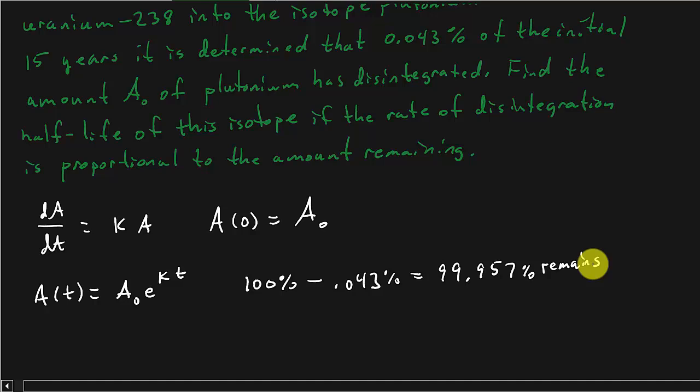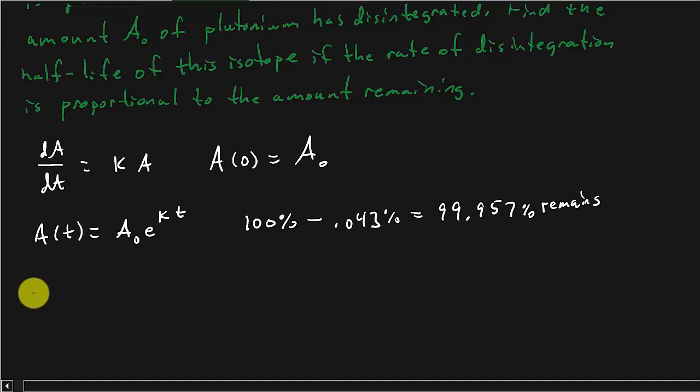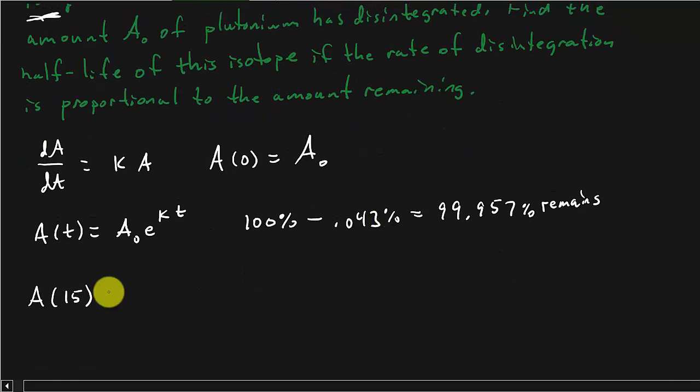That's how much remains. So we can say that A of 15, after 15 years, so we plug the 15 in for t, is going to equal A0 e to the 15k.